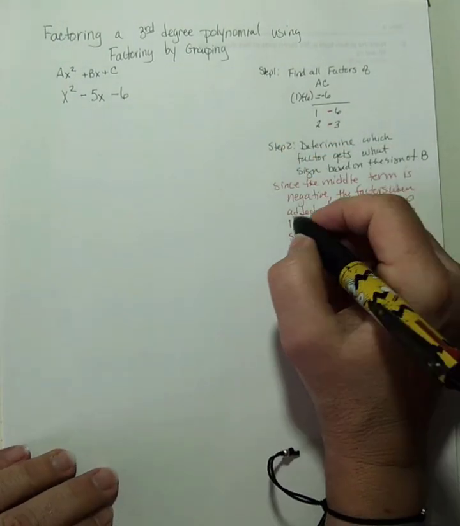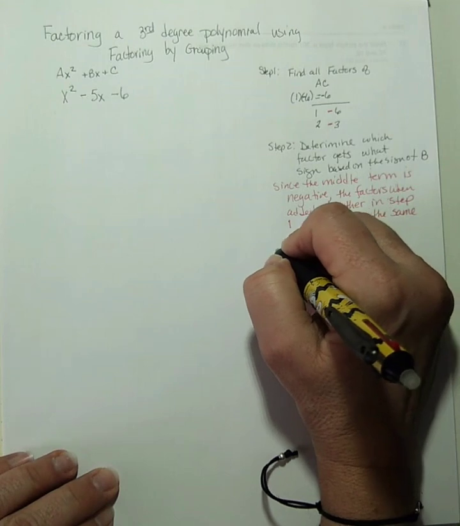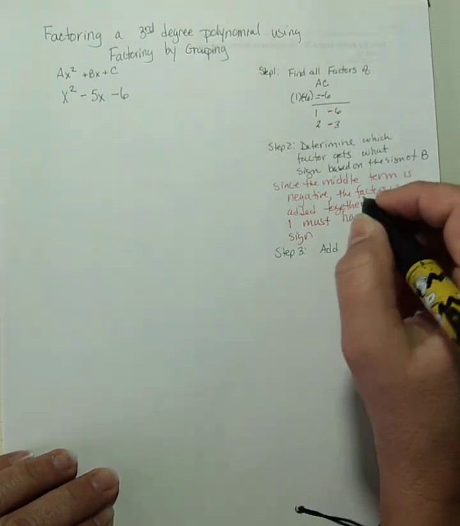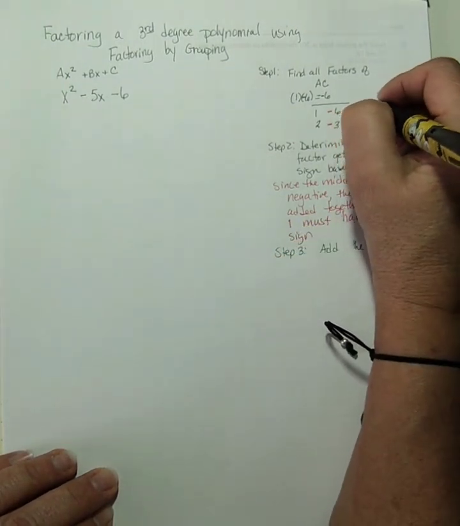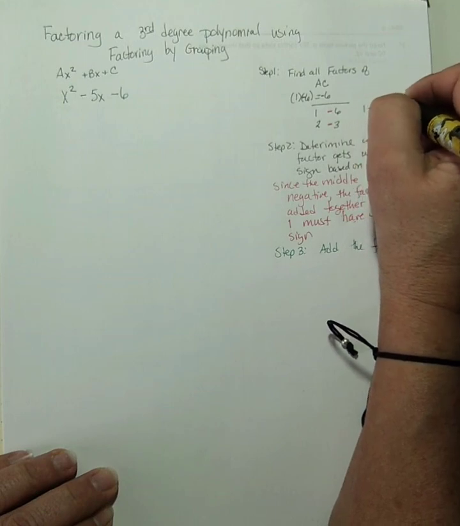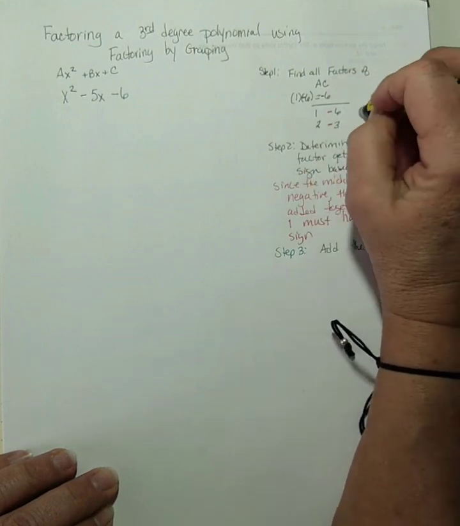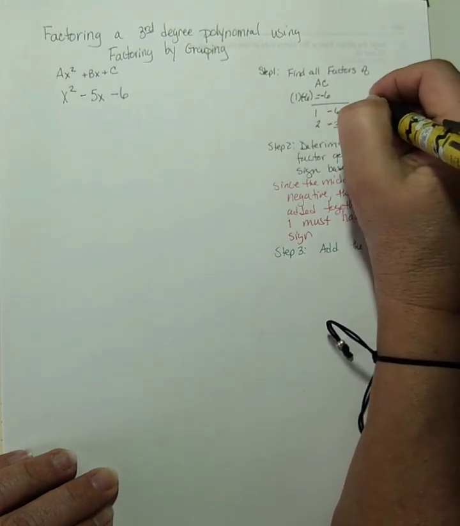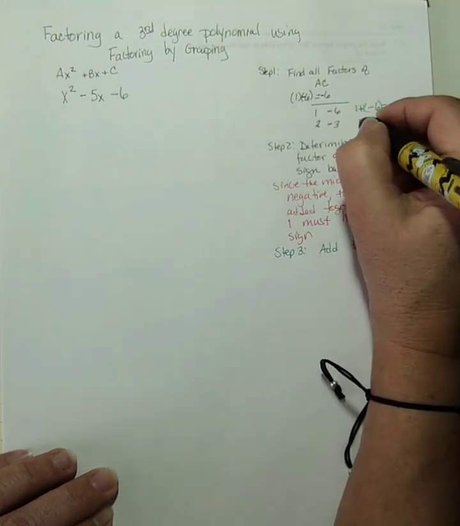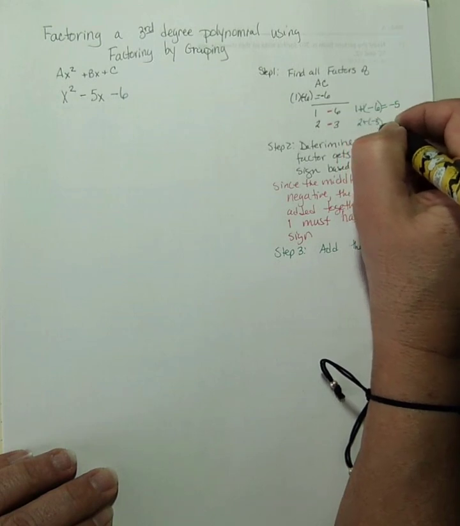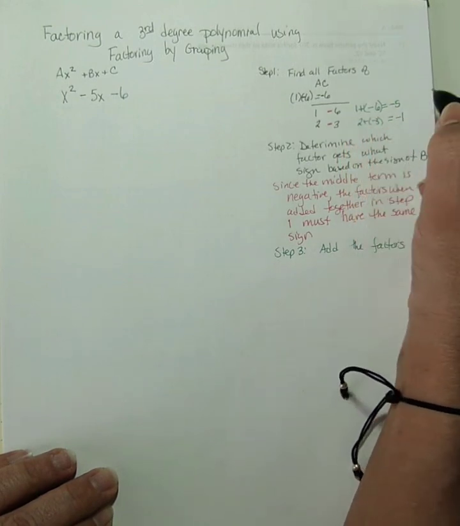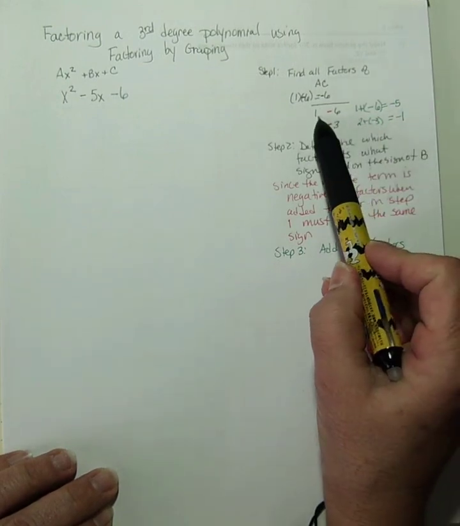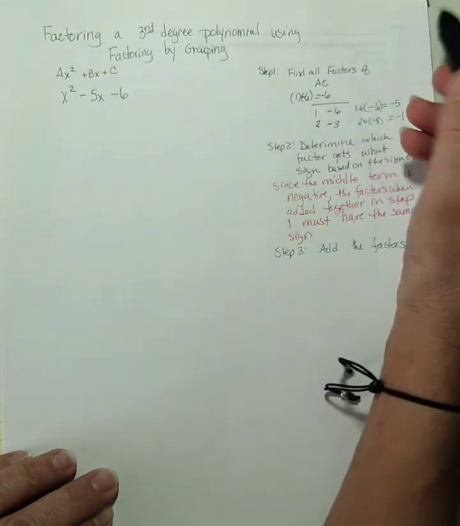Step 3 is to add the factors. So 1 minus 6 gives me -5. Remember, I could have rewritten this as 1 plus -6. Then 2 plus -3, or 2 minus 3, gives me -1. I was looking for the two factors that add to -5, and I found them.